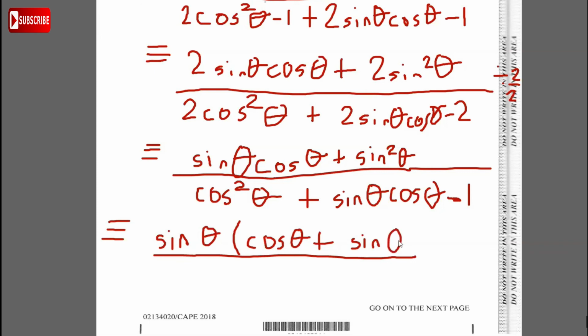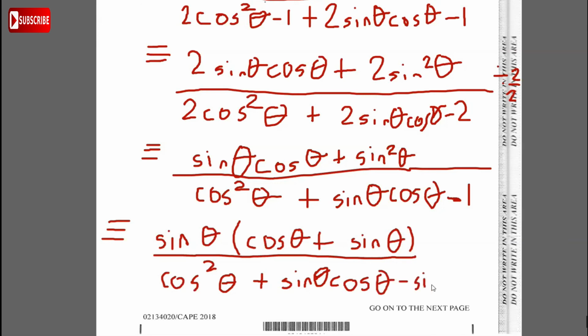In the denominator, I change 1 to sine square theta plus cos square theta, so the denominator becomes cos square theta plus sine theta cos theta minus sine square theta minus cos square theta, because it's really minus 1.